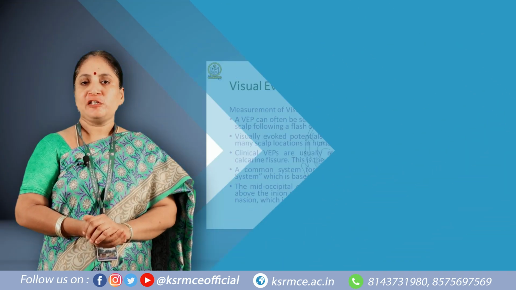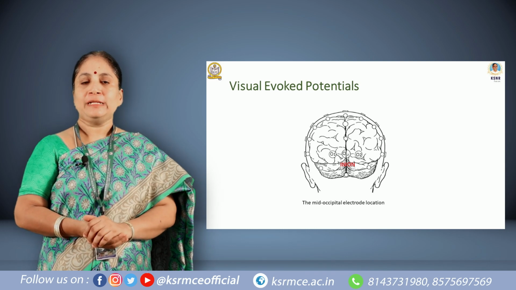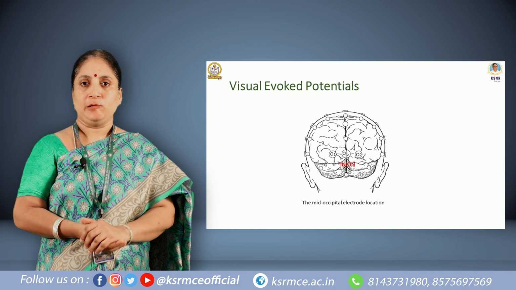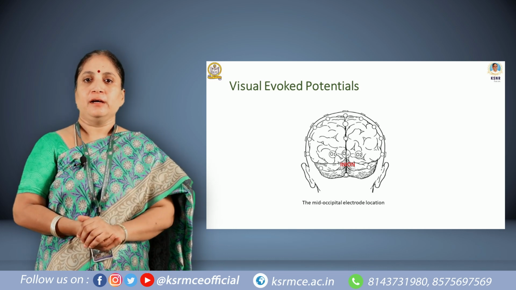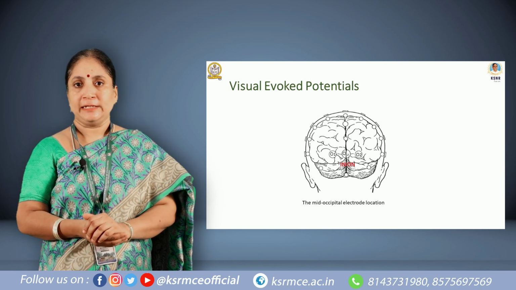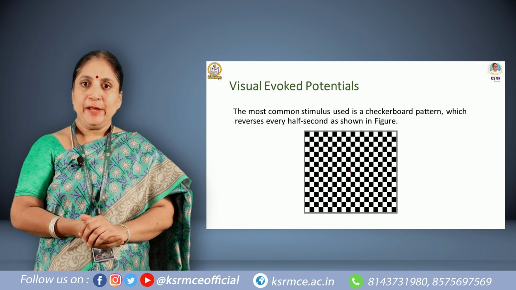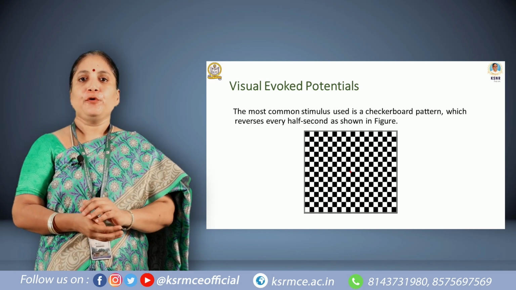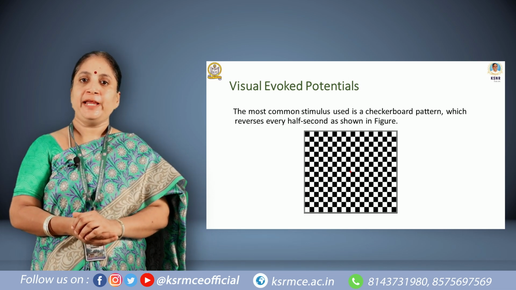The middle occipital electrode is placed in the midline, at a distance above the inion that is 10% of the distance between inion and nasion, usually 3 to 4 centimeters in adults, as shown in the figure. The stimulus applied here is visual, and usually a checkerboard pattern is used, where the checkerboard is reversed every half second.